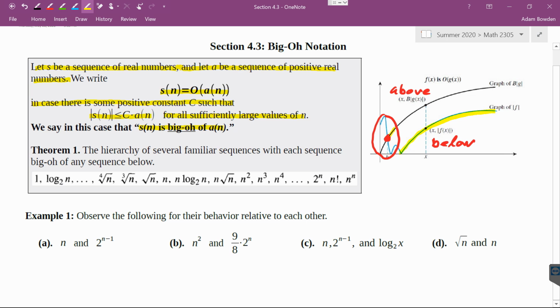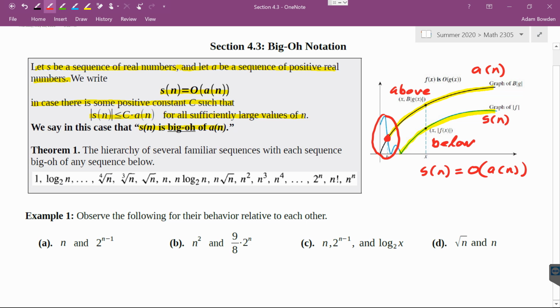So we usually think of the one that's above it as sort of like the worst case scenario. These could be closer or farther apart depending on how it's constructed. But the one on top, if that one is called A of n, and this one down below is S of n, then we say that S of n is big O of A of n. That's kind of what we visually see here.